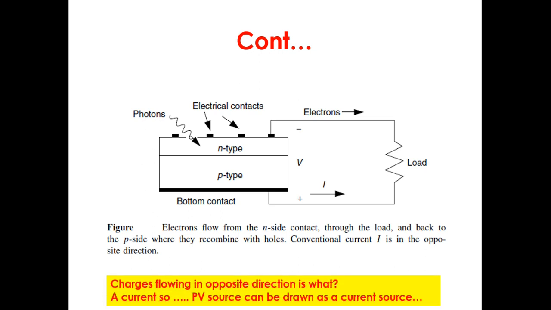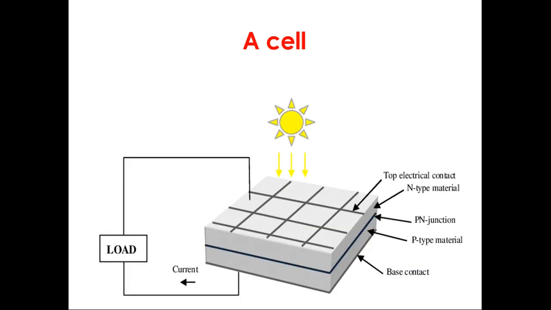Whenever we talk about the recombination process, current usually flows in the opposite direction compared to the flow of the electrons or charge carriers. So this PV source can be drawn as a current source, not a voltage source.